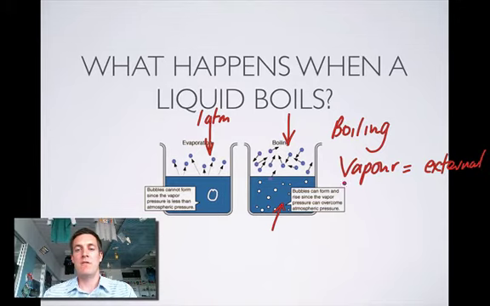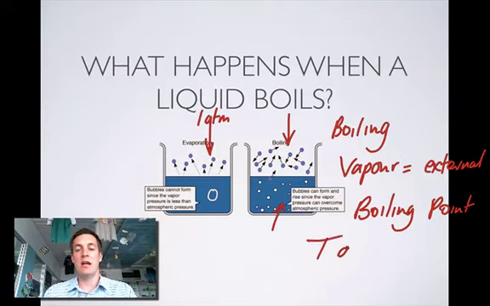When the vapor pressure of a liquid is equal to the external pressure, that's when the liquid starts to boil. And the boiling point of a liquid is quite simply the temperature at which that happens. So the boiling point is defined as the temperature at which the vapor pressure equals the external pressure.